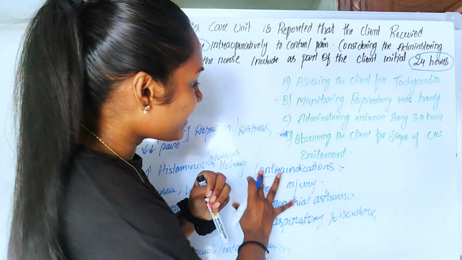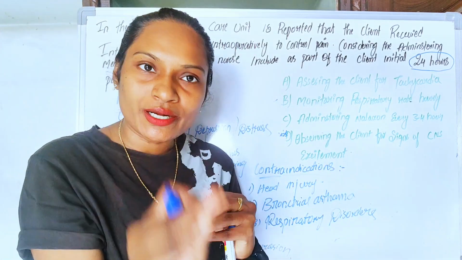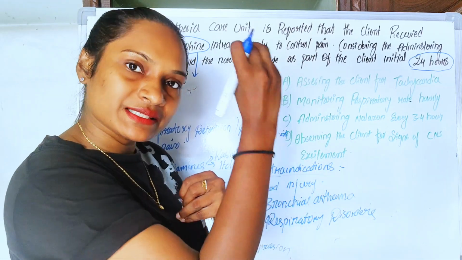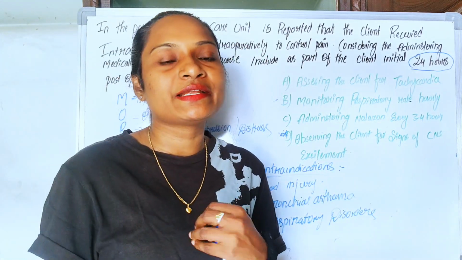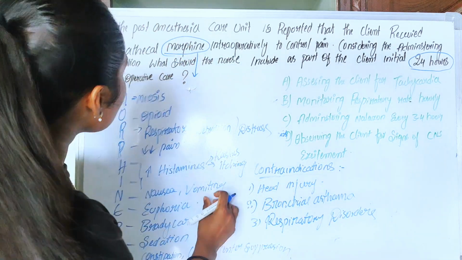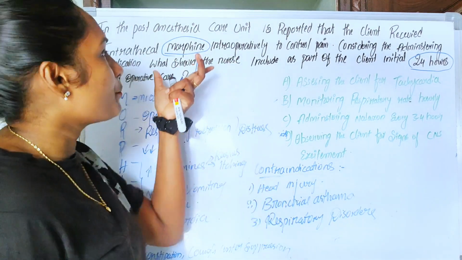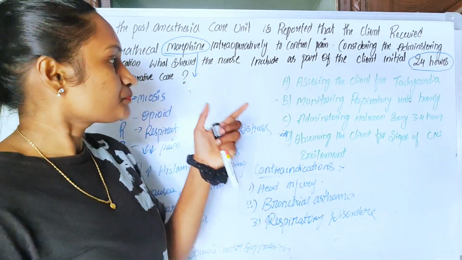But if one of these other contraindications is there, then we need to choose that one only, not pancreatitis, as it has now changed. So these are the most important points regarding morphine.